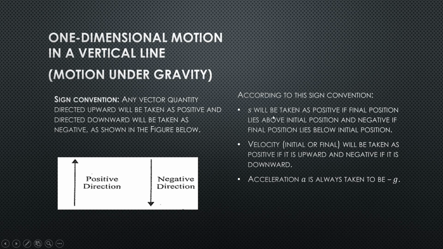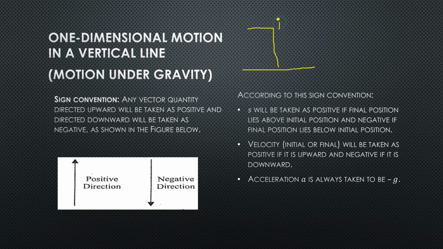According to this sign convention, displacement S will be taken as positive if the final position lies above the initial position, and negative if the final position lies below the initial position. Let's say you are on the top of a building, and for example you drop a ball. This is its initial position.